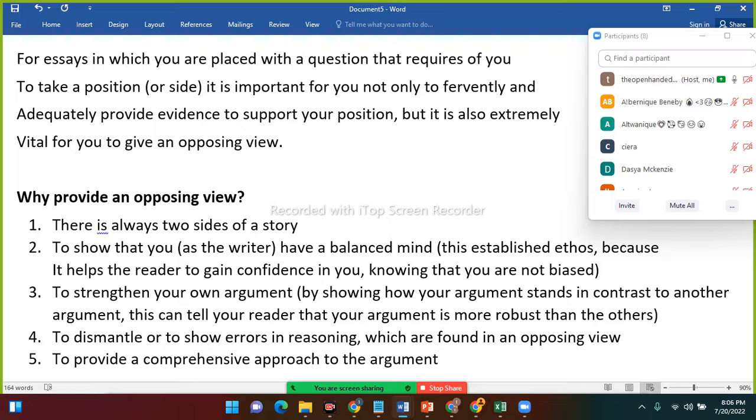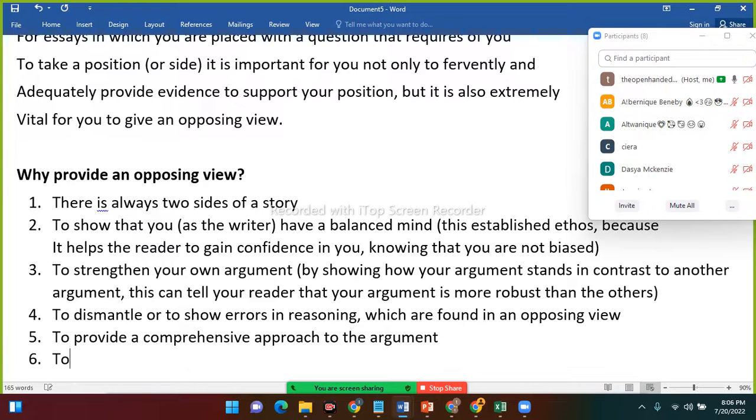So you're trying to be as thorough as you can be to show that you are a critical thinker. All right, that's very important. You show that you're a critical thinker when you are able to provide an opposing view and defend it.